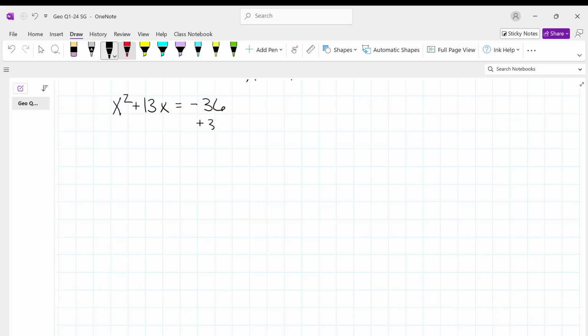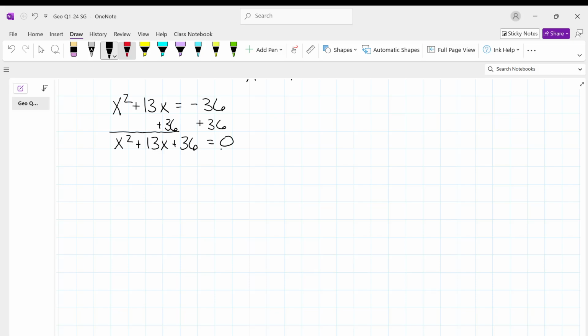So we add 36 to each side. We get x squared plus 13x plus 36 is equal to 0. Now we're in standard form and we're going to factor this.